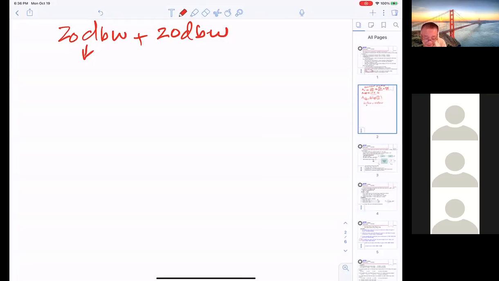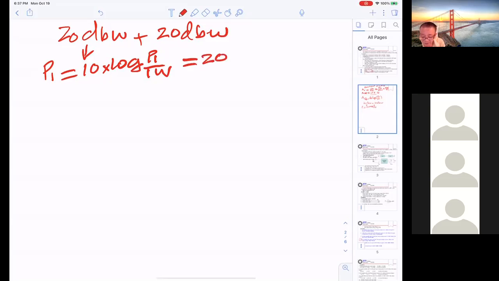Basically, you can use P1 equals 10 times log of P1 over what? 1 watt. That is the formula for converting to dB watt. So that will be equal to 20 dB watt.